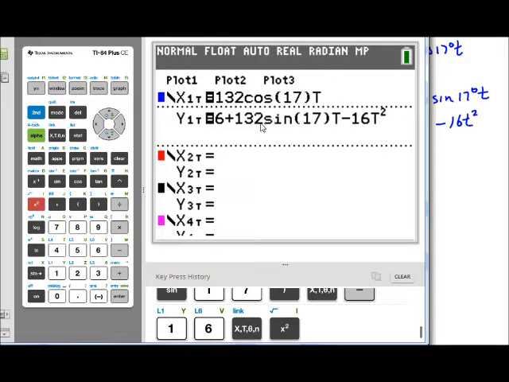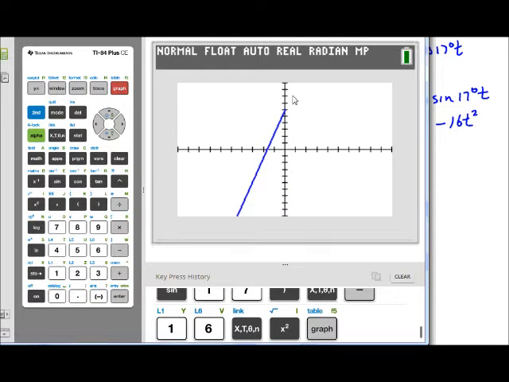Okay, so if that's it, we go ahead and graph, and we get this looking thing here. It doesn't look anything like a throw.